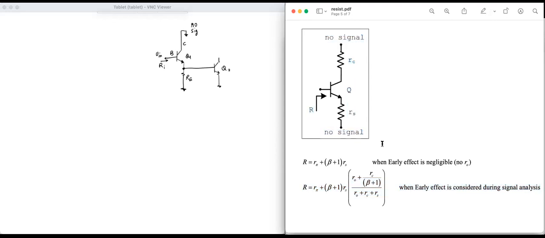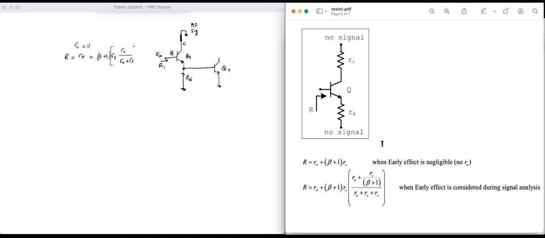But do I have a small RC here? There's no small RC because the collector of Q1 is shorted to no sig. So in the formula, the RC would be set to 0. Okay, and if I set RC to 0, then the formula becomes, copying from the formula sheet, R pi plus beta plus 1 RS, RO plus 0, so RO over RO plus 0 plus RS.